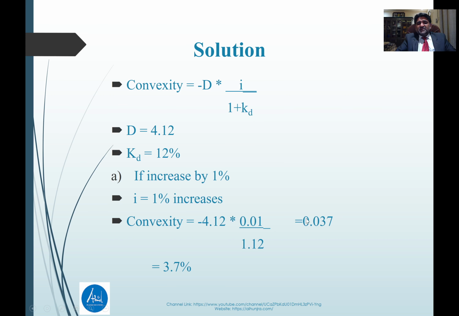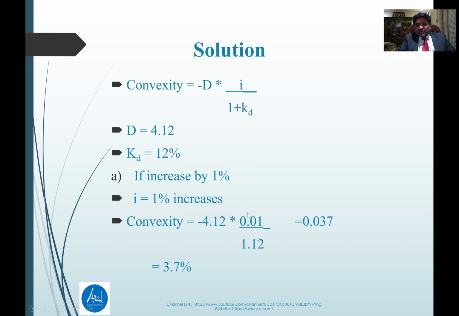After simplifying, first we solve this part, 0.01 divided by 1.12. As we know in mathematics, first of all we solve the bar, then the small bracket, then the curly bracket, then the braces, then division, later multiplication, after that addition or subtraction.